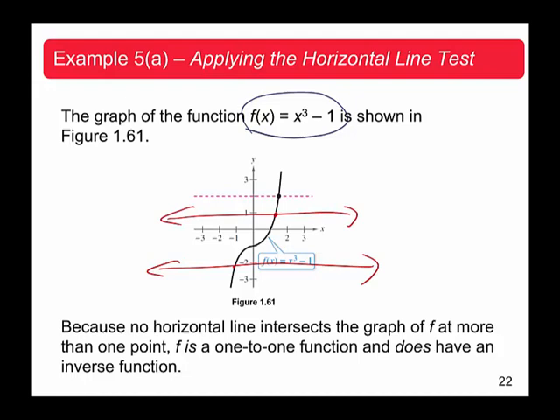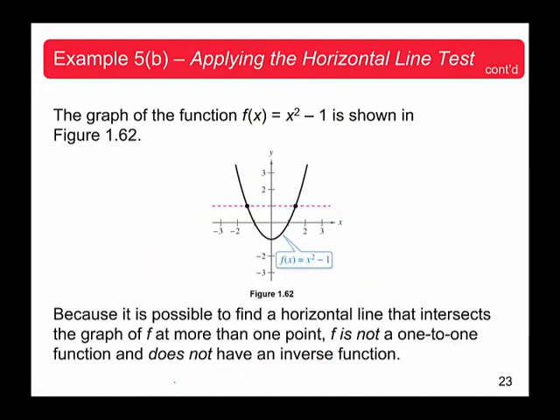You always have one intercept, which indicates that for each y value here there exists one and only one x value to be paired with the given y value. Because no horizontal line intercepts the graph of f at more than one point, f is a one-to-one function, and it does have an inverse function.